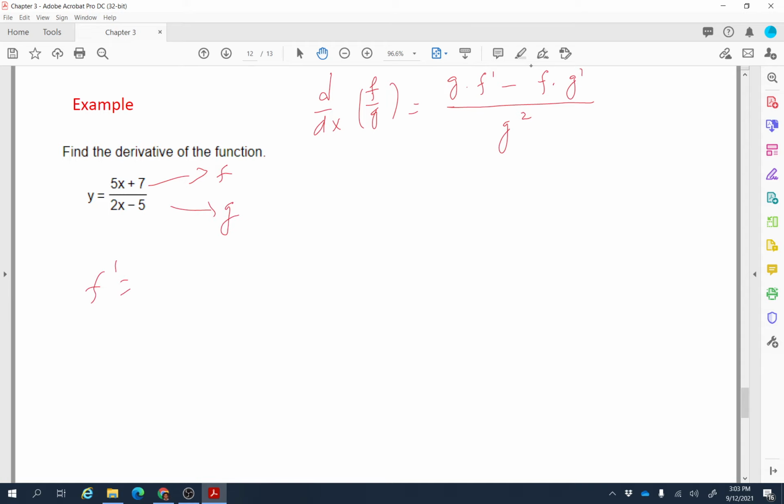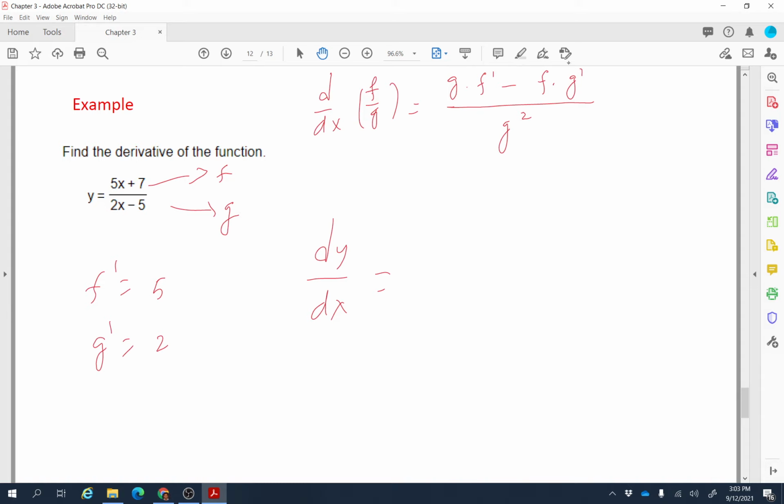Find out f prime, which is the derivative of 5x plus 7. Derivative of 5x is 5, 7 is 0. g prime is the derivative of 2x, which is 2, and the derivative of 5 is 0. So now we're going to use this formula for finding the derivative of this y. Derivative of y with respect to x, y means f over g.